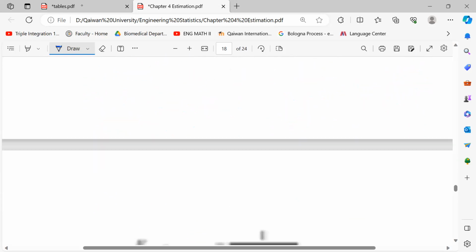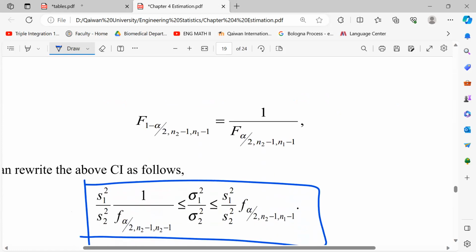Instead of having n2 minus 1, n1 minus 1 is 1 over f of alpha over 2. Instead of 1 minus alpha over 2, we have only alpha over 2. These two components are the same.